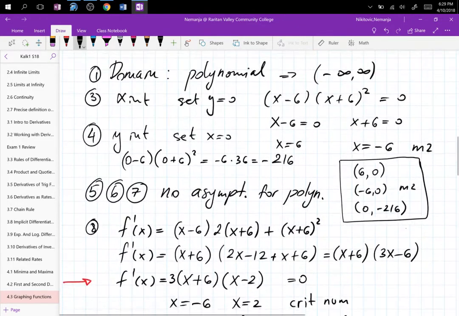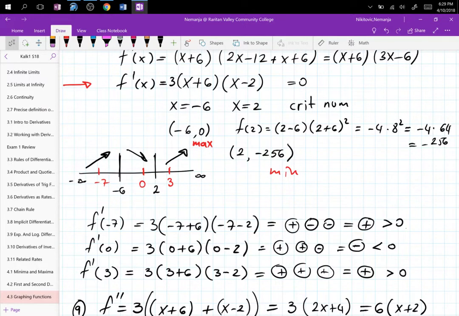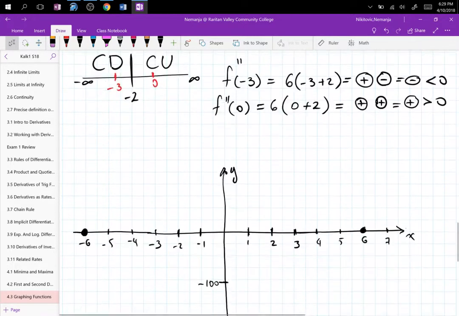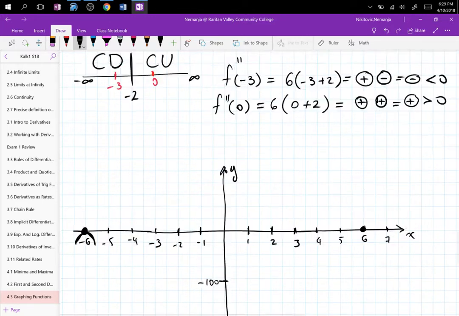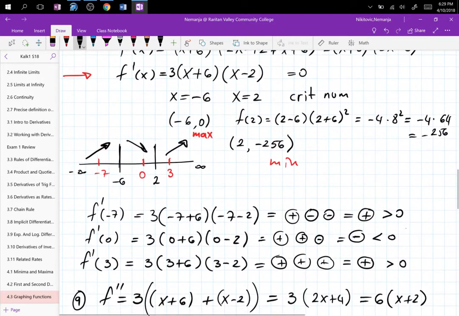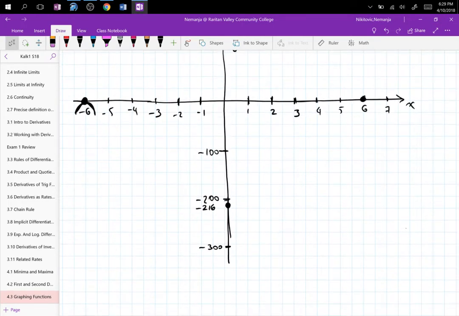After that, I have critical points. Oh, -60 is a max. So -60 is a max, it gets a frown. Right? Because it has to be a max. And then I have a min at -256.